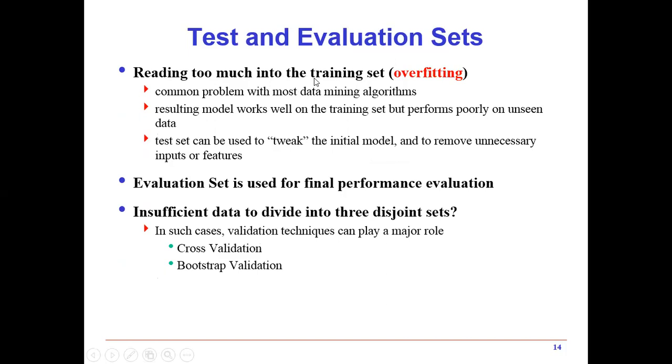Reading too much into the training data is called overfitting. As I've told you, if your classifier is able to fit all the values present in the input data, then usually the model will be overfitted, because you are trying to model the complete instances, all the values present in the data set.